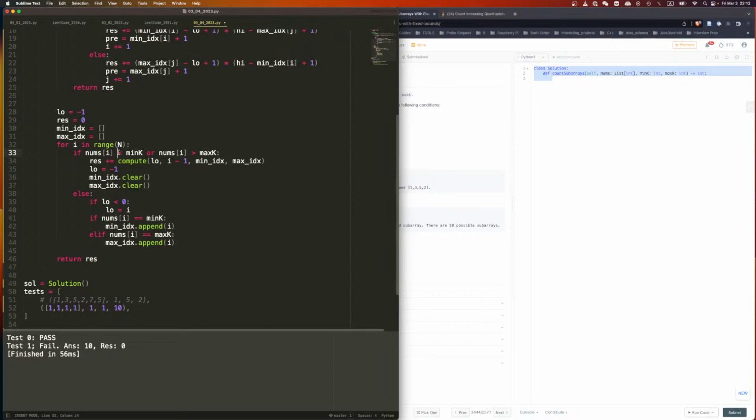We need to do it one more time when we get out. So what we mean is, when we get out, we need to do one more time here. Res plus equal to compute low, high is going to be n minus 1, min max.